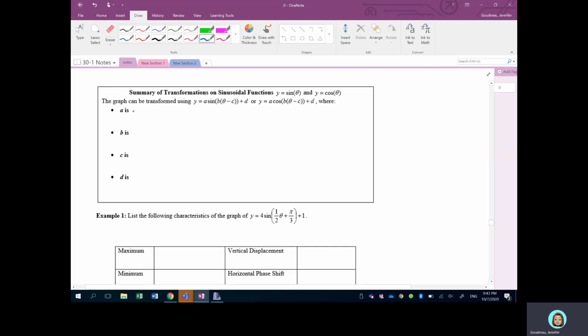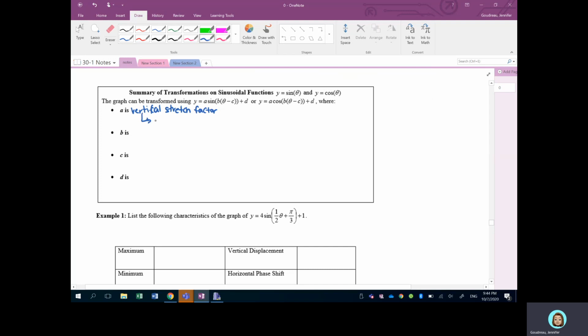So let's talk about a. We know a is our vertical stretch factor, and it continues to be our vertical stretch factor. What that does is make the wave either taller or shorter about the horizontal axis. Because it's stretching and making it taller and shorter, that has to do with the amplitude.